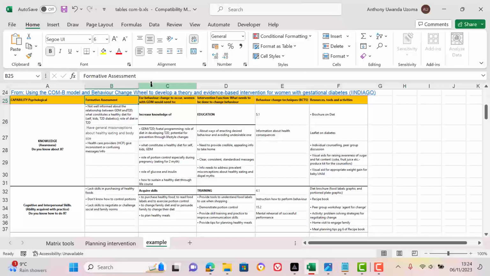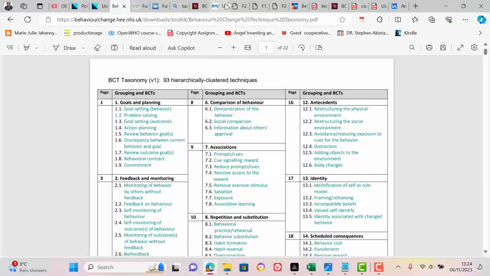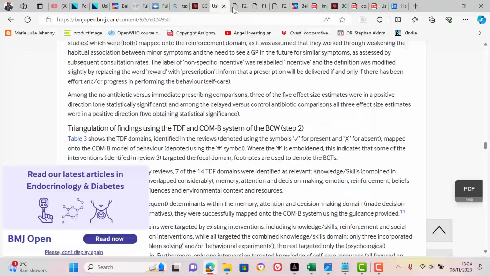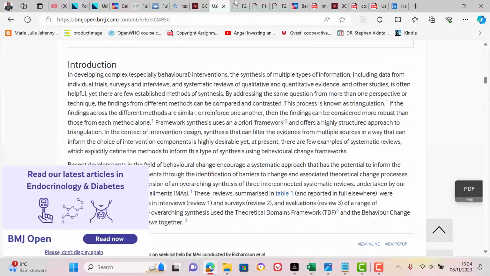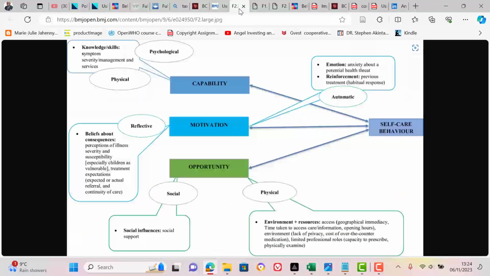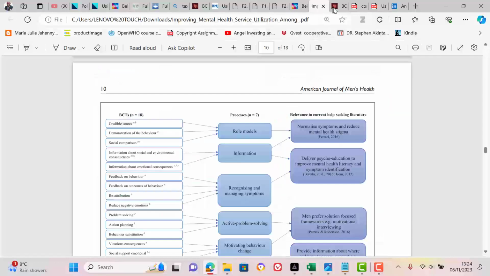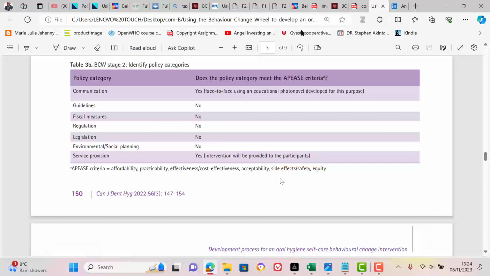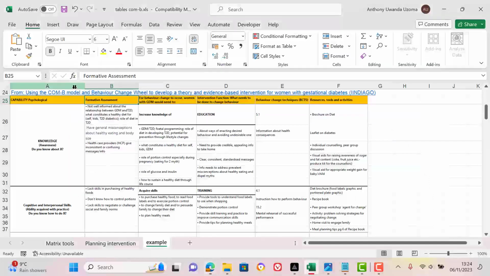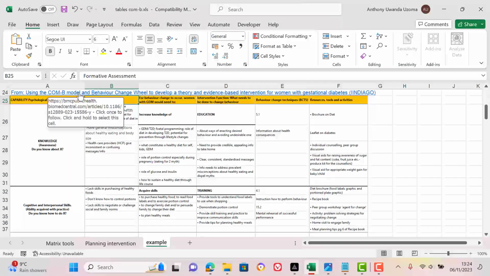So this example here is from the author. Let me just open the article so that we'll go straight to it.